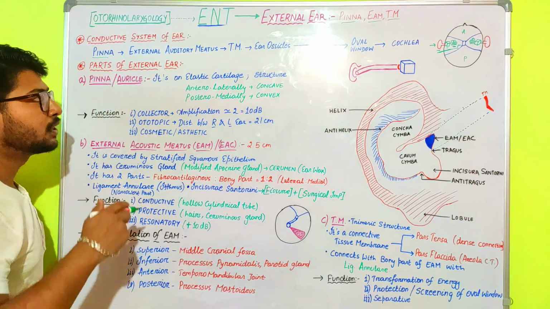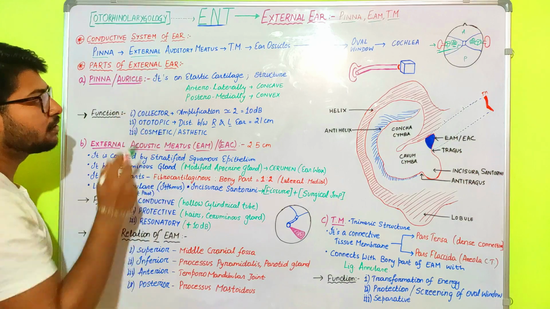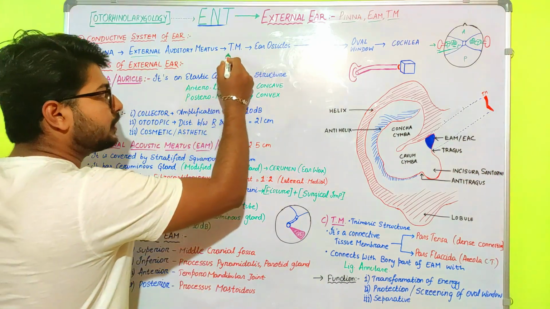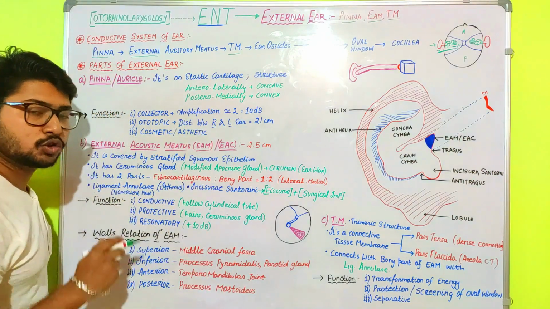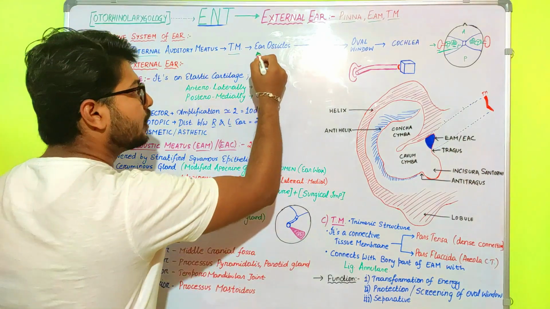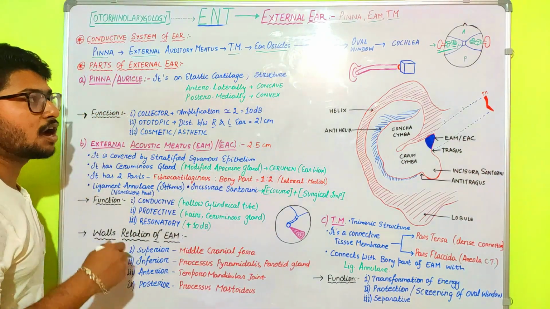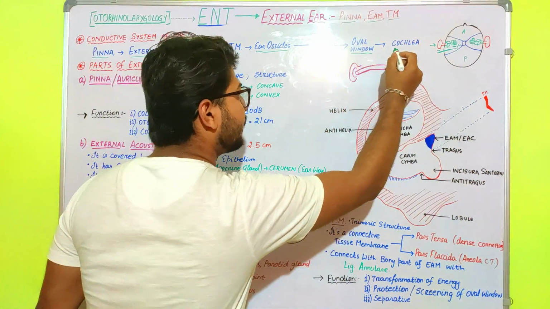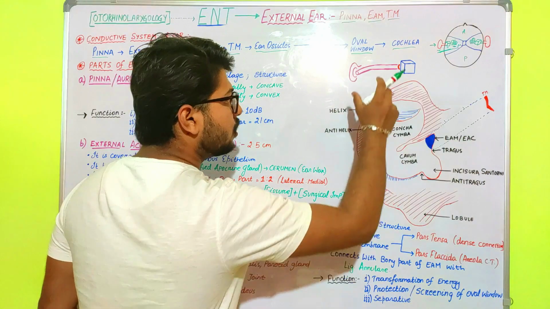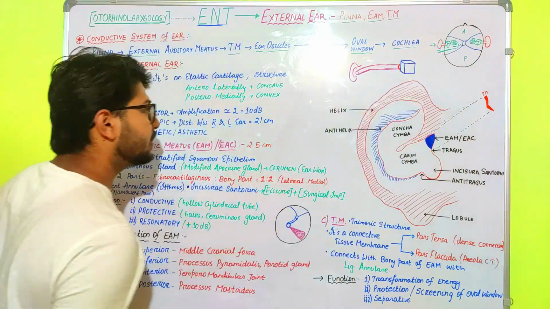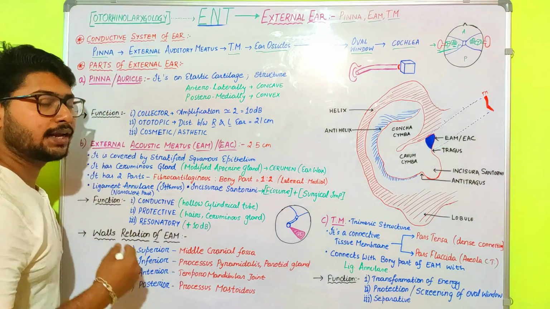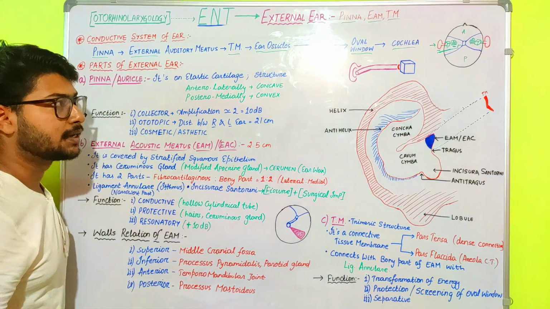Then it will cover the external acoustic meatus. Then from the tympanic membrane, through the ear ossicles by mechanical vibrations, the sound will be transmitted to the oval window and finally reach the cochlea. And the cochlea is present in the inner ear. All of that we are going to cover in middle and inner ear.